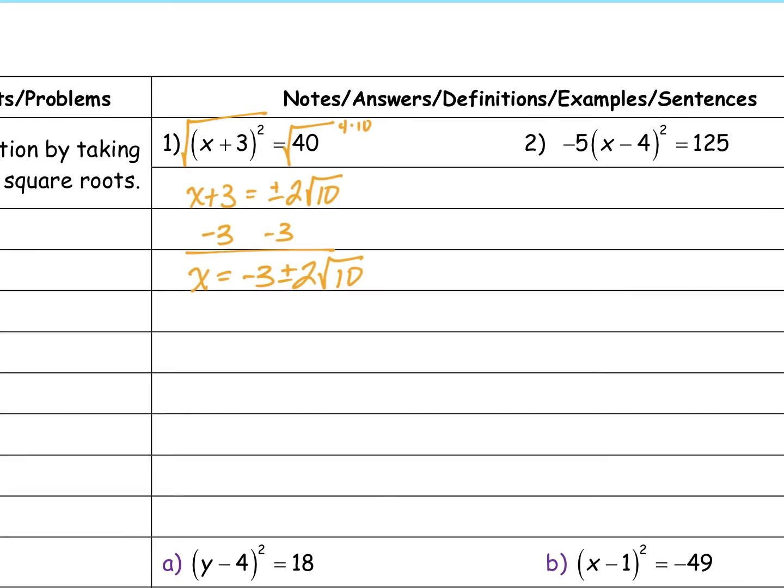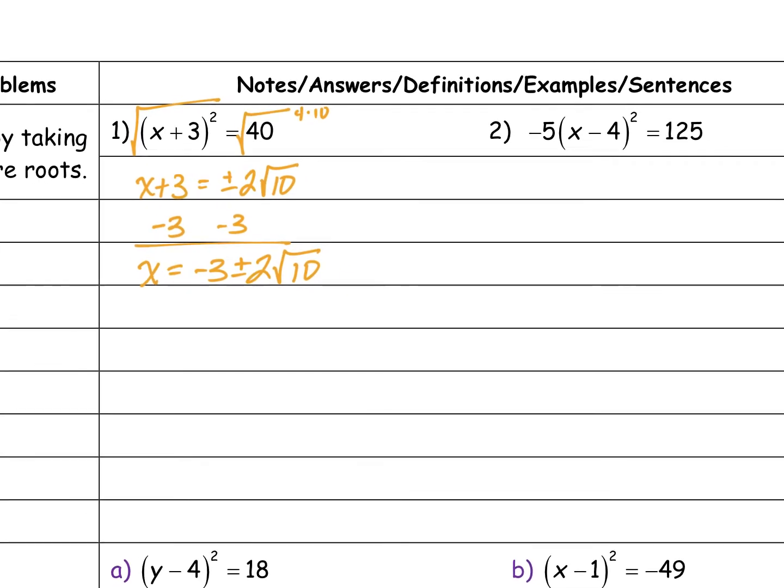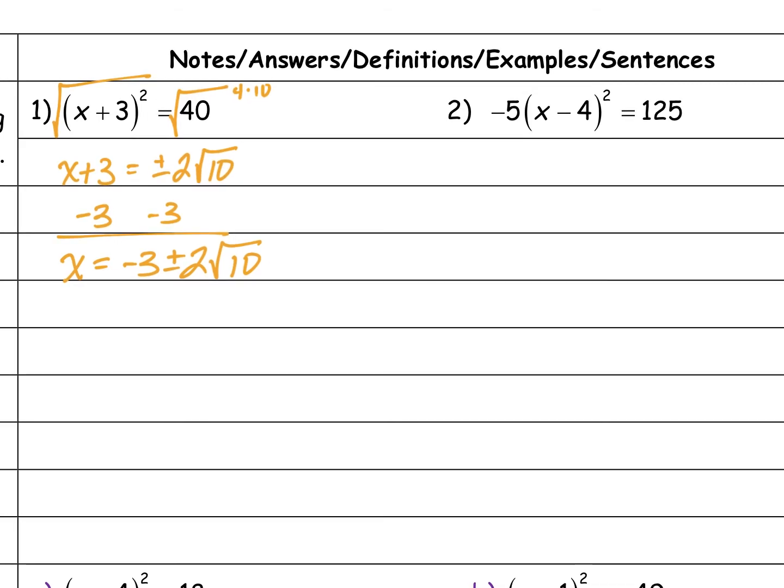And then number 2, the first thing before I can take a square root, I've got to get rid of that -5, right? So I'm going to divide by -5 on both sides, and then I get x minus 4 squared equals -25.